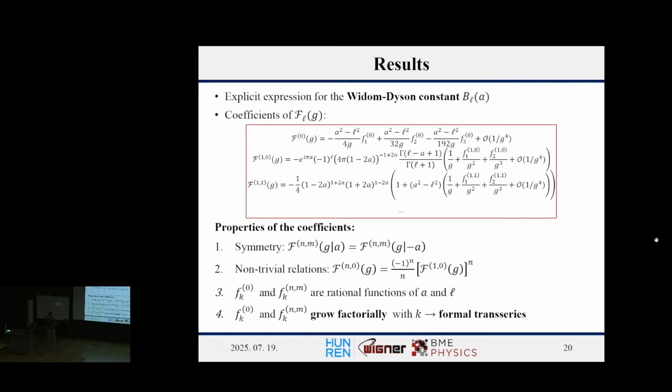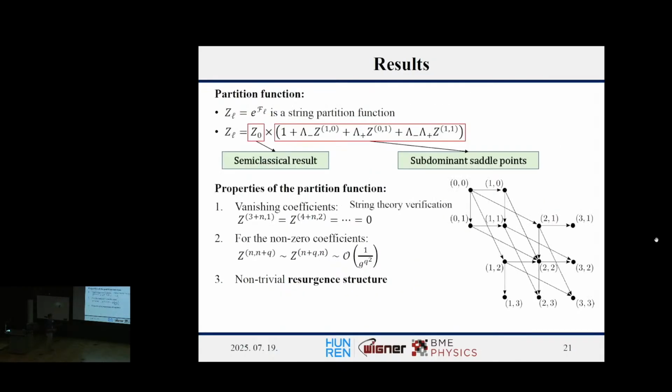So it is just a formal transseries, and now we can also investigate resurgence. It turns out that instead of investigating this F observable, it's more simple to consider its exponential, which I denote by ZL.